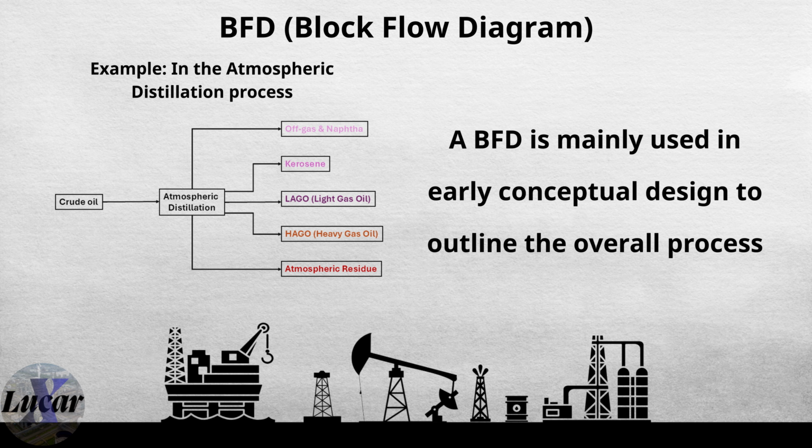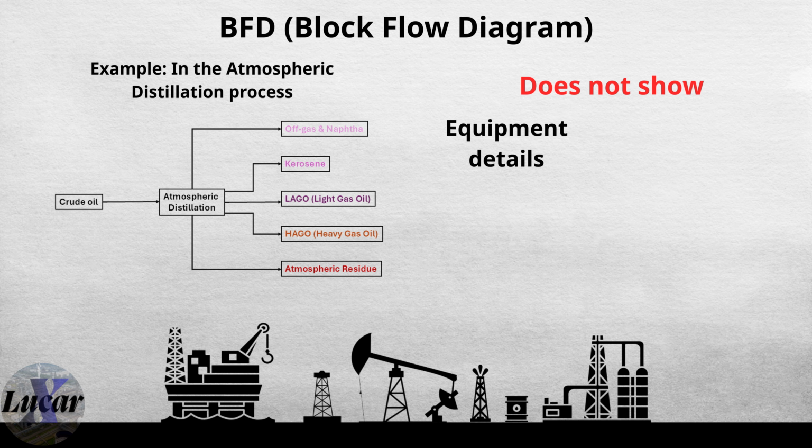A BFD is mainly used in early conceptual design to outline the overall process. It shows inputs, outputs, and sequence, but it does not show equipment details, tag numbers, valves, or instruments.